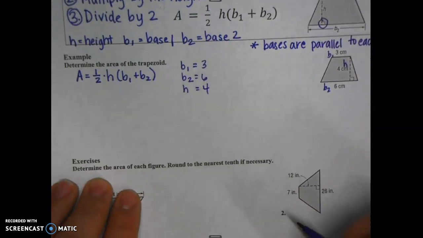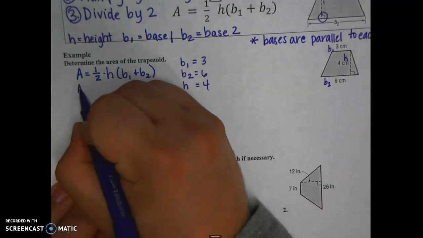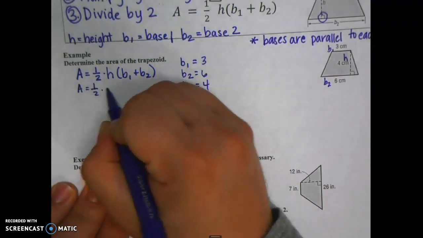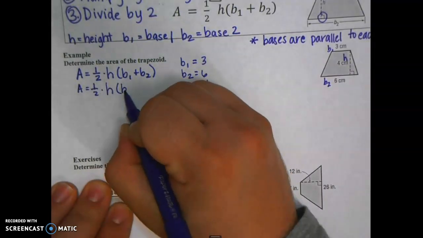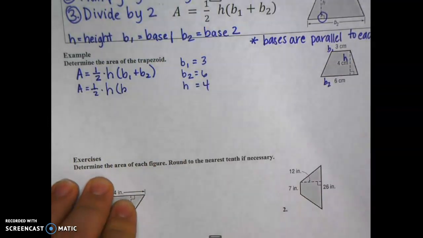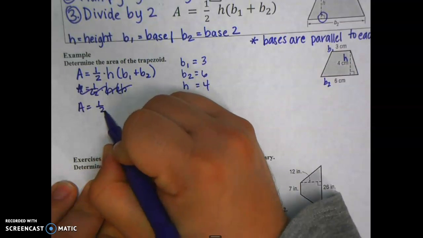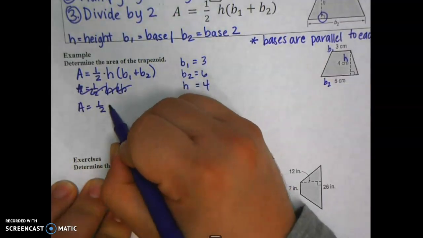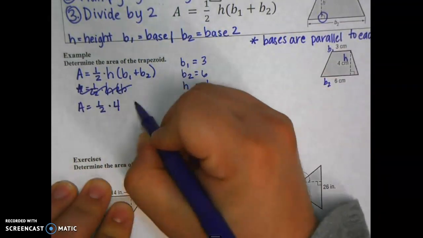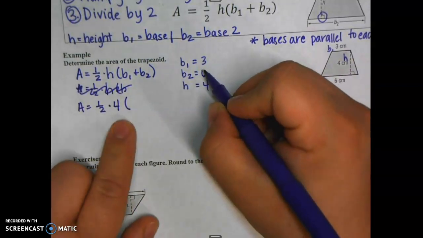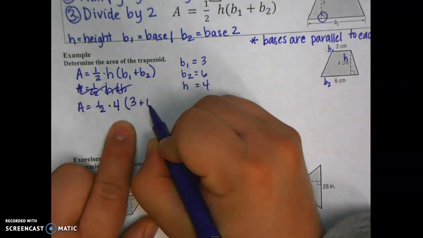So now we put those into our formula. Area equals 1/2 of the height times base 1 plus base 2. So area equals 1/2 of the height, which is 4, we're substituting, and then we're adding our bases, 3 plus 6.